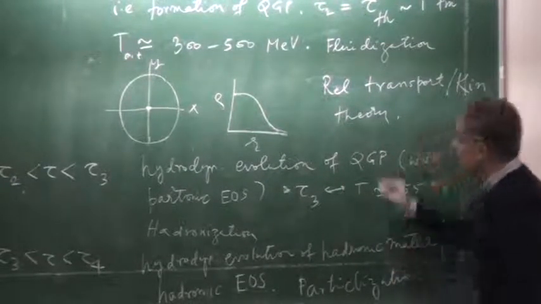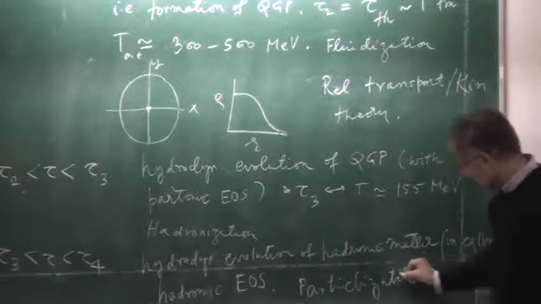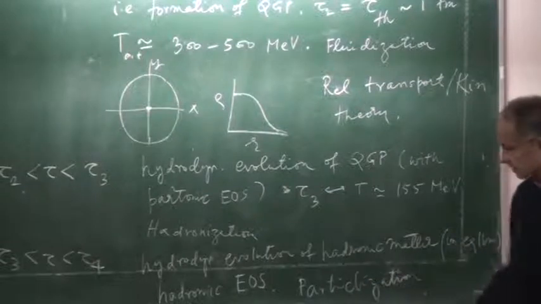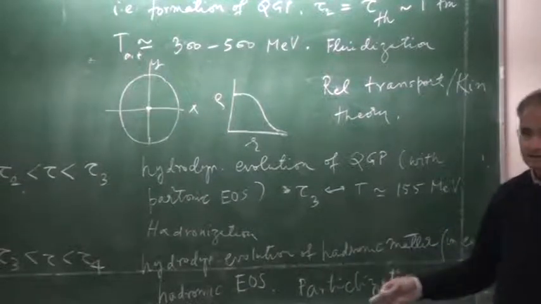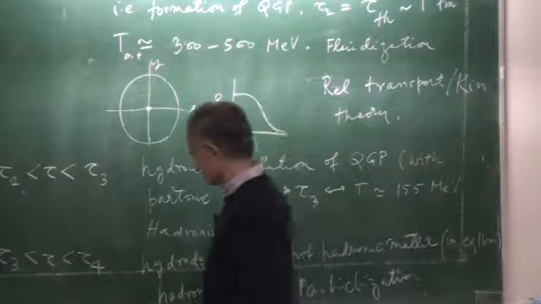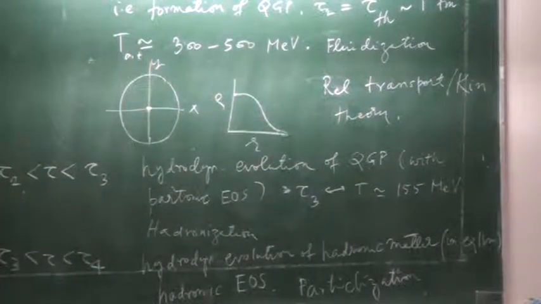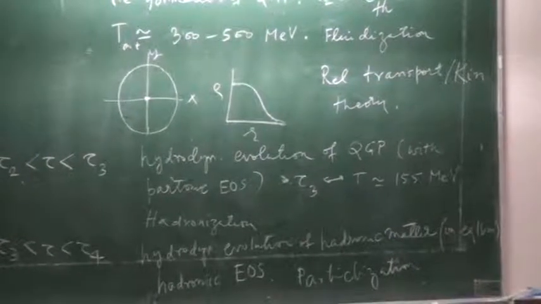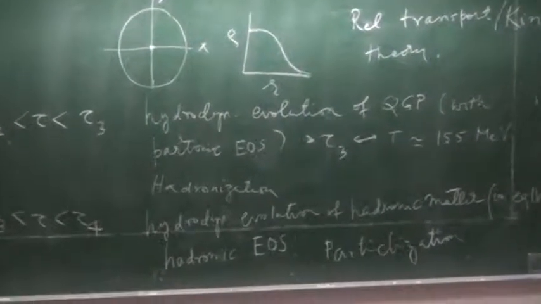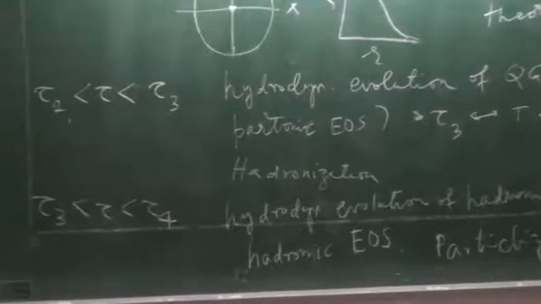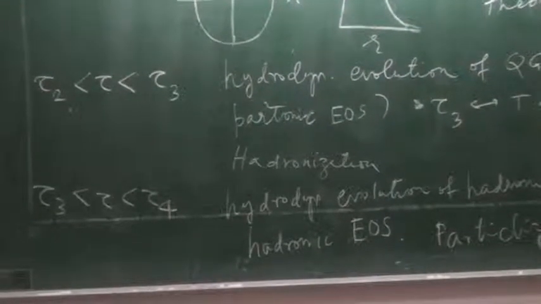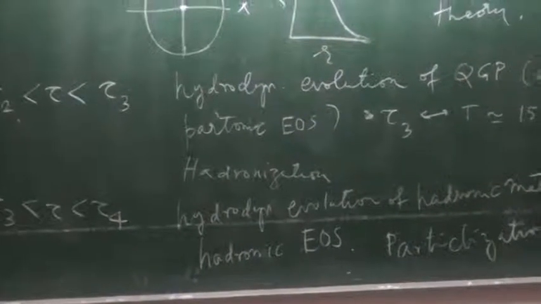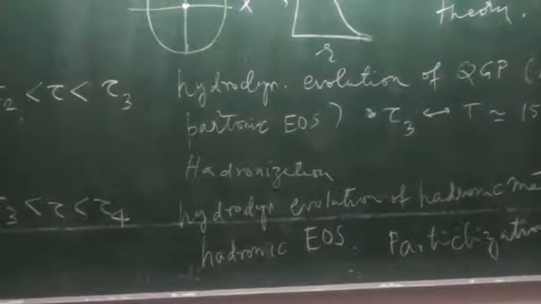Just as this was fluidization, some people call this stage particleization. Now it is not a fluid, but particles. Particles means these are hadrons, mostly pions. So we have gone up to tau 4.